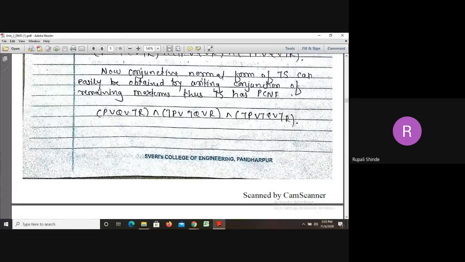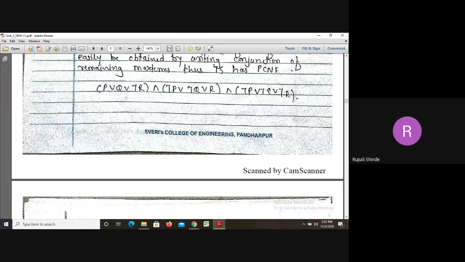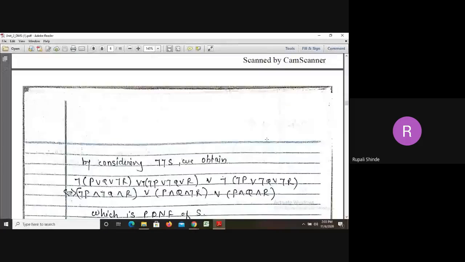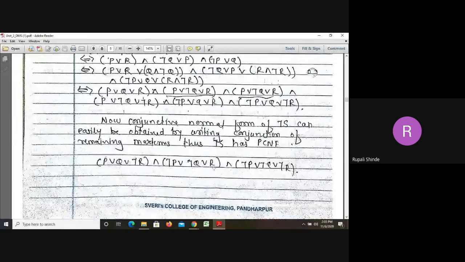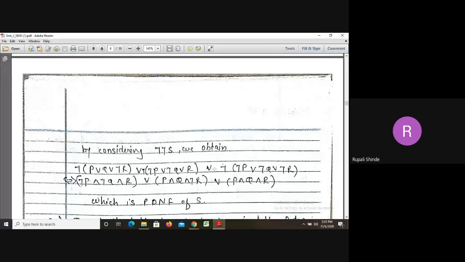Again if variable is single, then we have to apply negation. If negation is applied to that variable already, then we will have to write that one in original form. फक्त मिसिंग टर्म वर negation apply करायचे, डायरेक्टली you will get PDNF.